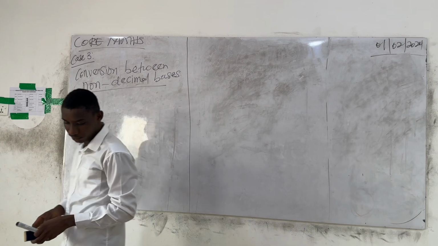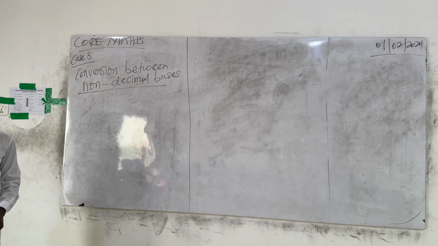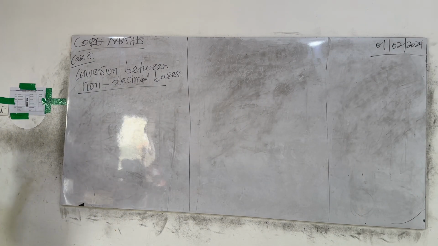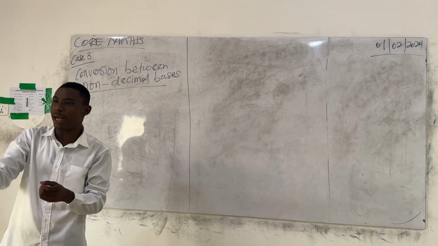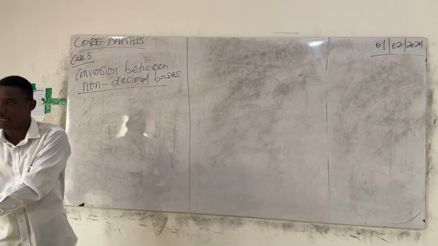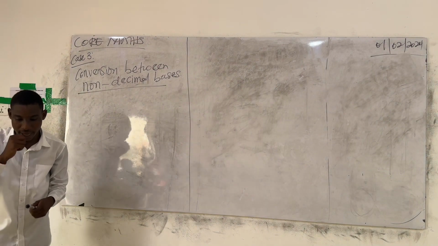Good. So we are looking at conversion between non-decimal bases, but we are to convert it into other bases. We know from case 2 that we can only convert it into other bases when the digit is in base what? In base 10.